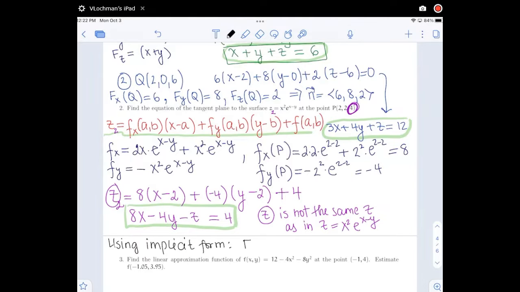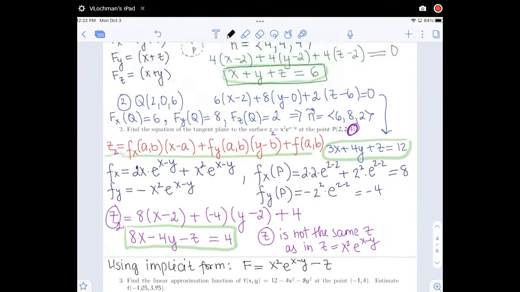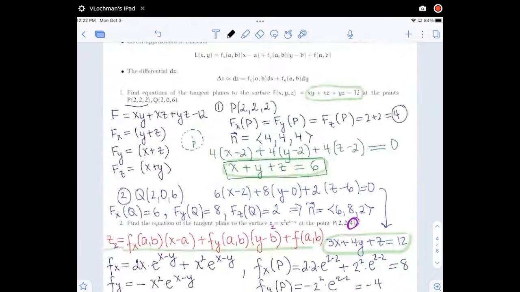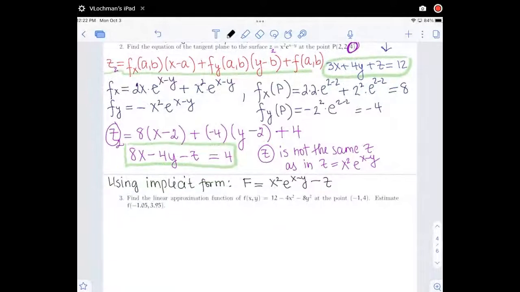Your big F would be x squared e to the power x minus y minus z. Basically put everything on one side and that equals 0, right? So if you were to apply the steps that we did for the first problem to this right here, well, it's not a function, now it's just an expression, then you would get exactly the same answer.